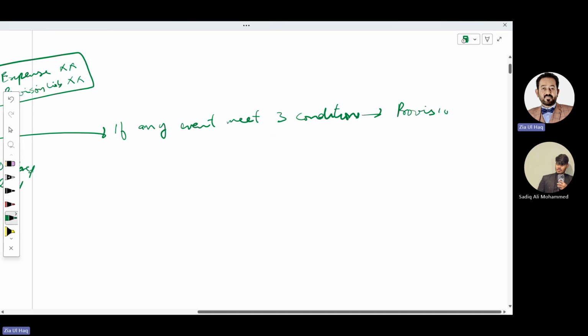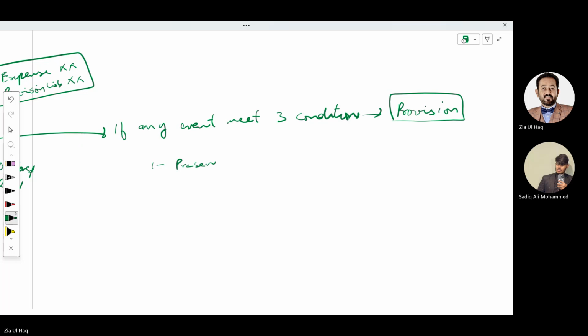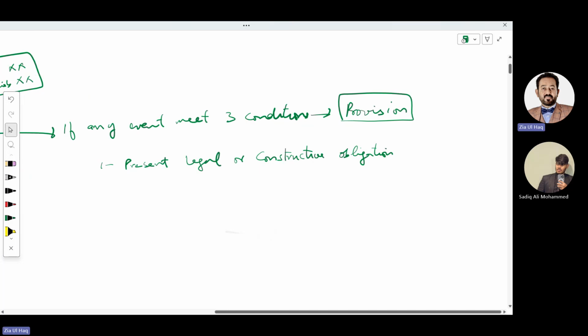What are those three conditions? Number one, a present legal or constructive obligation from a past event.